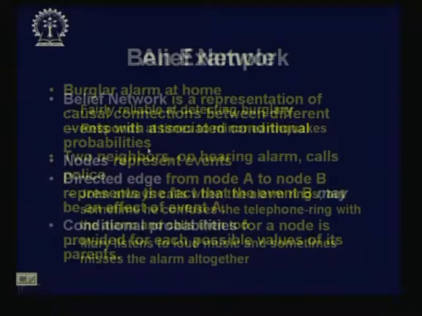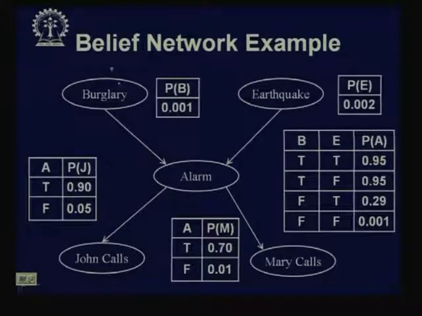Let me first show you a picture of a belief network. It looks like this. Forget about these tables right now. All these nodes are basically events, and two nodes are connected by an edge if one node is the cause of the other. This is a typical example of a burglar's alarm case.